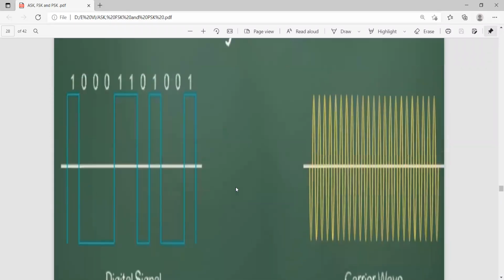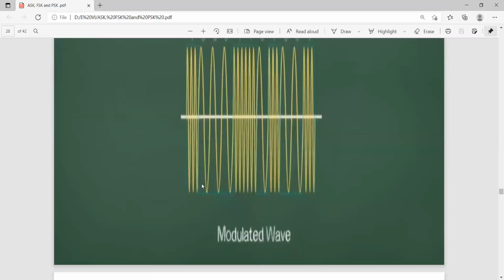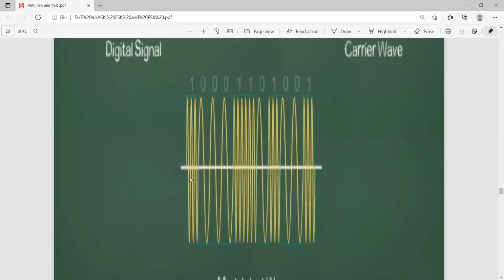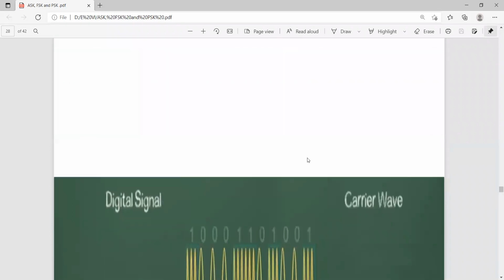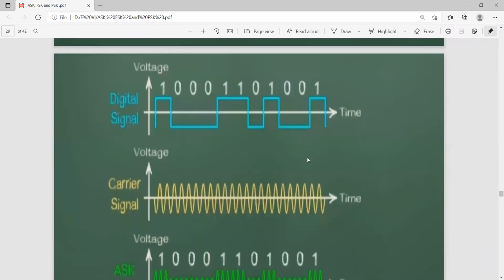Here it is the carrier, and this is the digital information, which appears like this. Here the waves are very close, and closer means the frequency is higher. Here also closer. So like this, this is the general waveform.